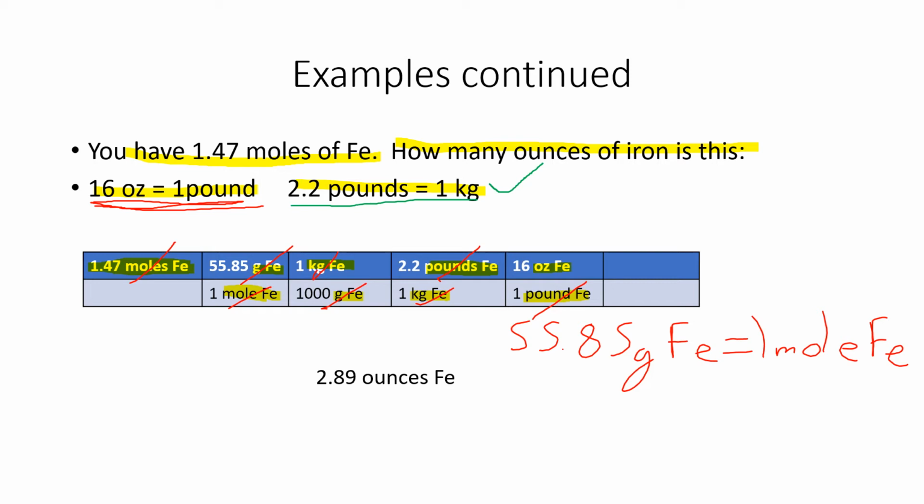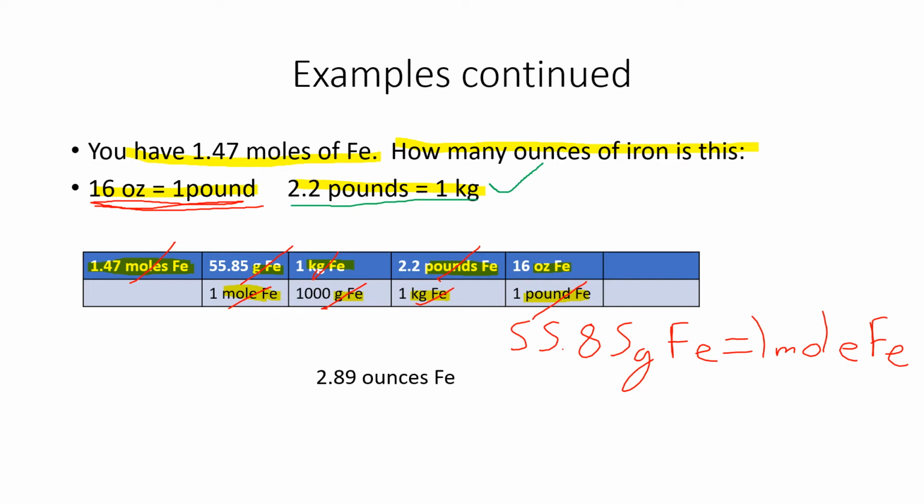At this stage, we're just doing the final calculation. The calculation works the same way as all of the other calculations have worked. Everything in the numerator is a multiplication, and everything in the denominator is a division. So the way you would key this into your calculator, you'd have your numerator 1.47 times 55.85 times 2.2 times 16, and then divided by 1,000.